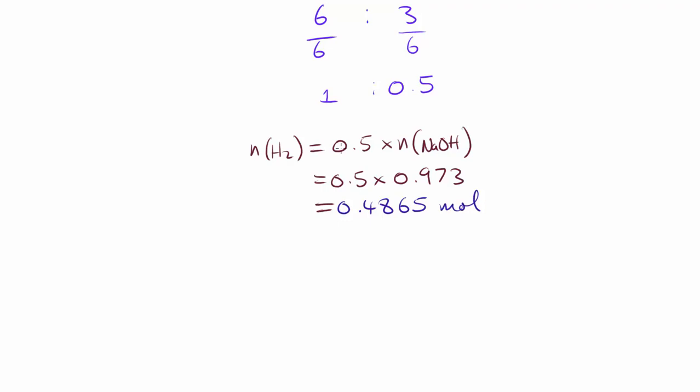And so for this, we've got a given number of moles. We need to multiply it by 24 to get the volume that it's going to occupy. So what we can write here is to say that the volume of H₂ is going to be 24 multiplied by the number of moles of H₂, which, as we can see here, is going to be 0.4865, right?